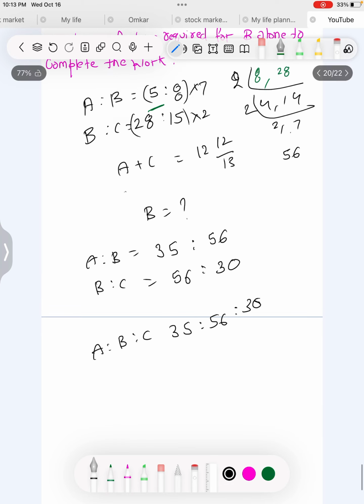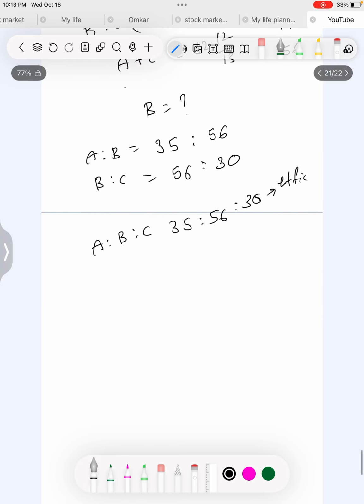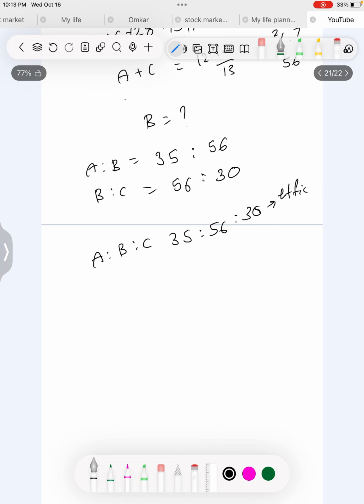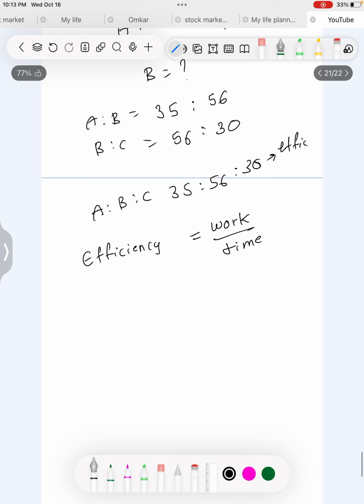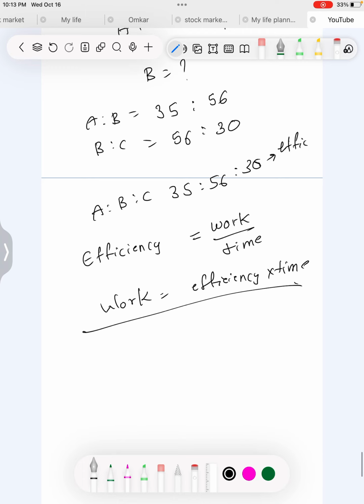These are the efficiencies. In these problems you should know the formula that efficiency is equal to work by time, or you can simply remember that work is equal to efficiency into time. This is a formula you all might know about.